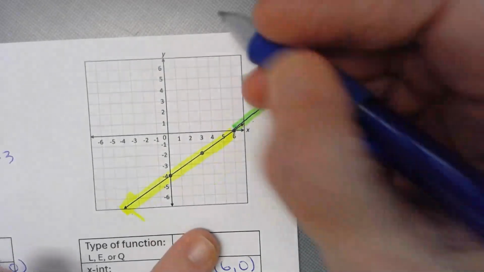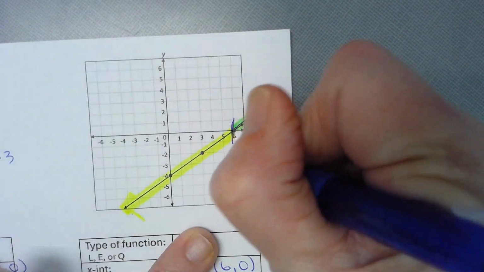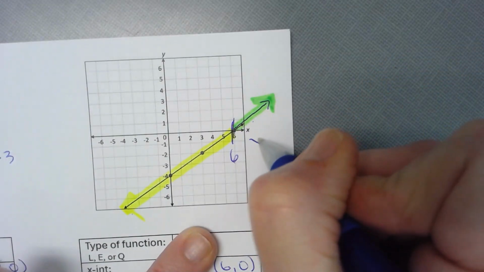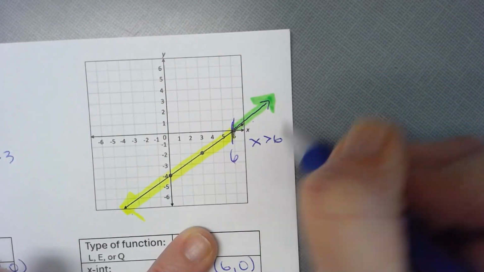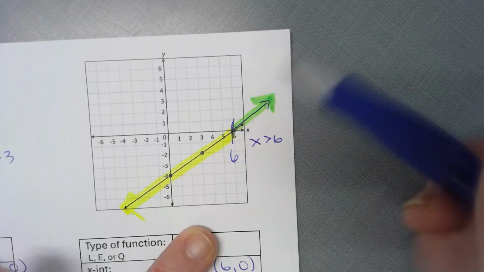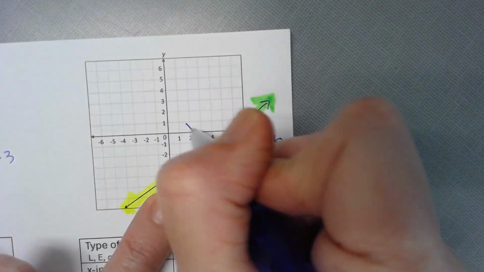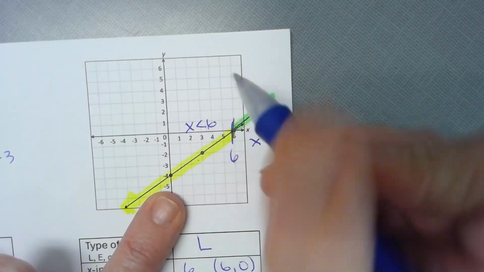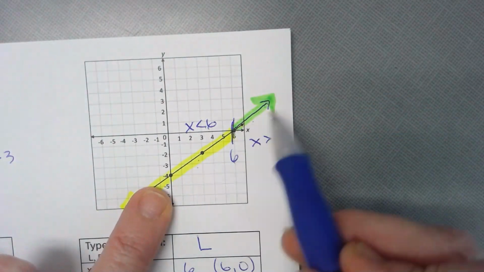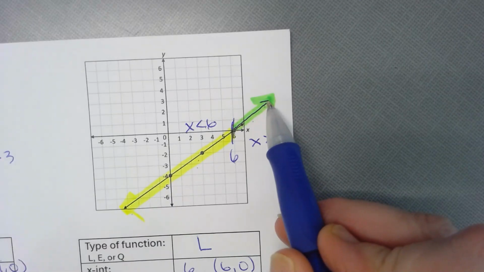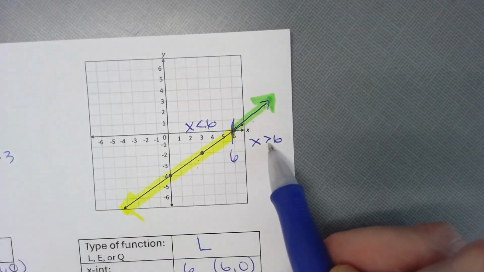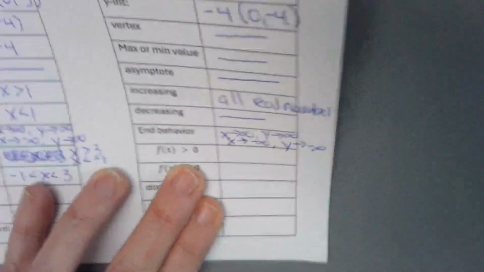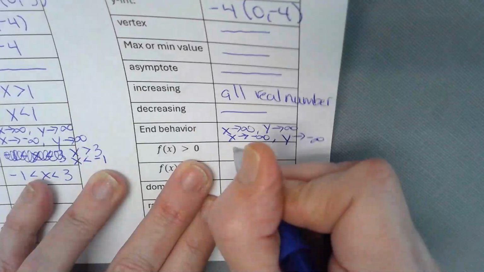So y'all, that value is 6. Over here is where x is greater than 6. That's this guy. Over here is where x is less than 6. That's this guy. So the graph is above the x-axis where x is greater than 6. So that's here.